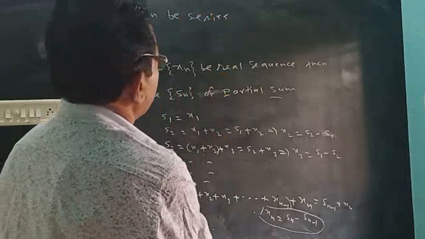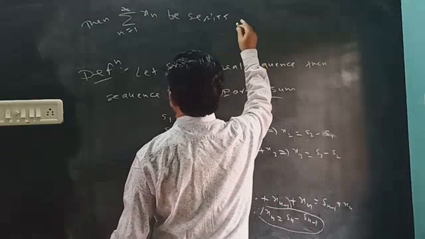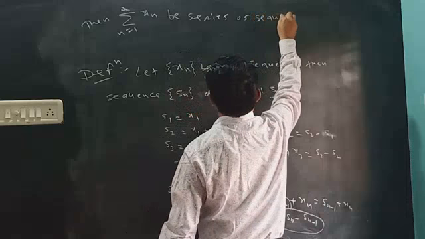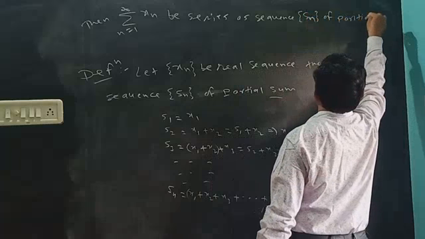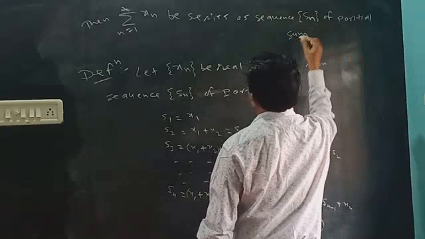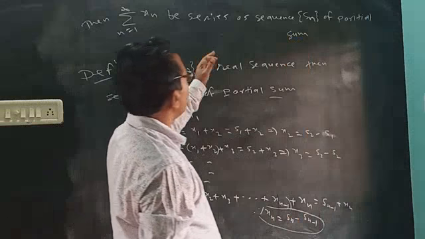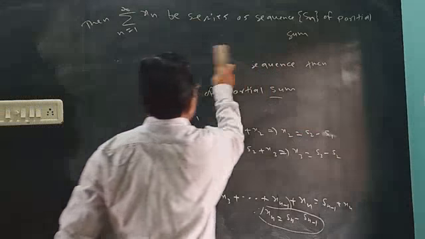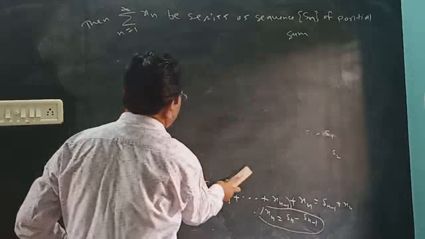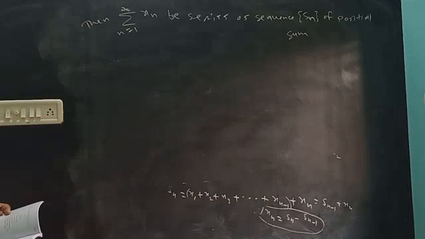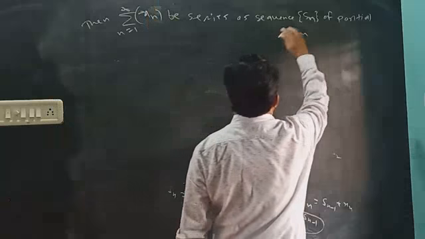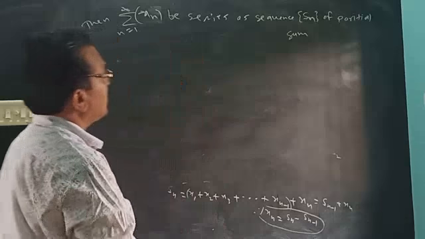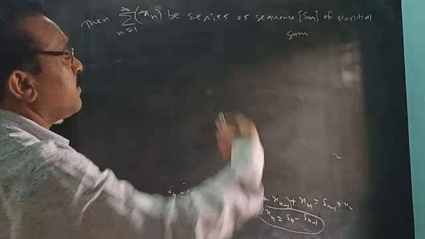The series is a sequence of partial sums Sn. So series means sequence. Any series, summation Xn, is a sequence of partial sums. This is the relation of series and sequence. Sn is the sum of the n terms.